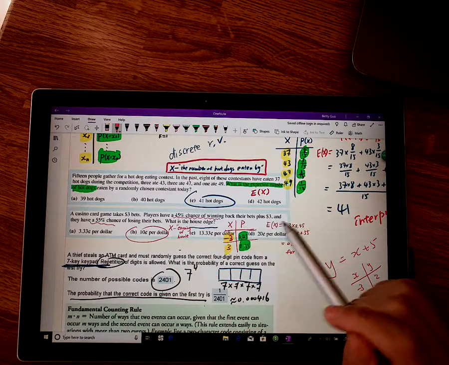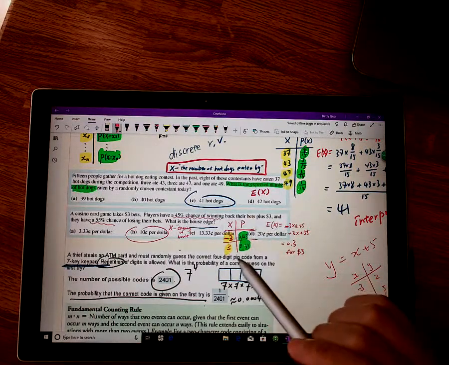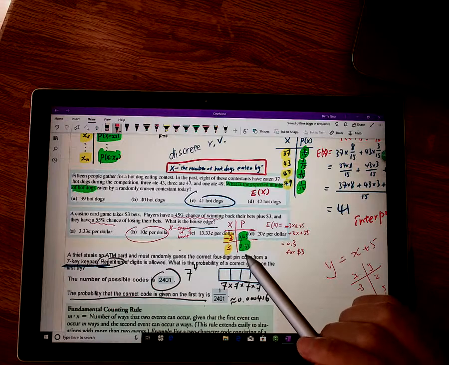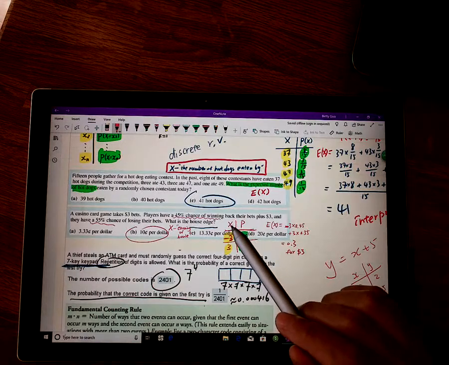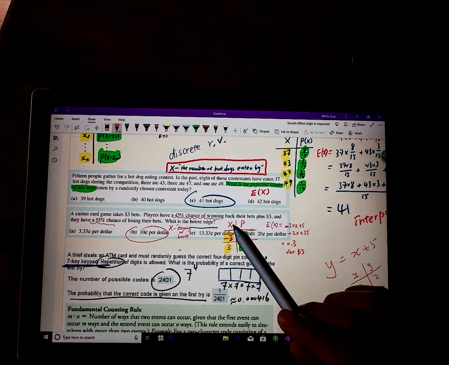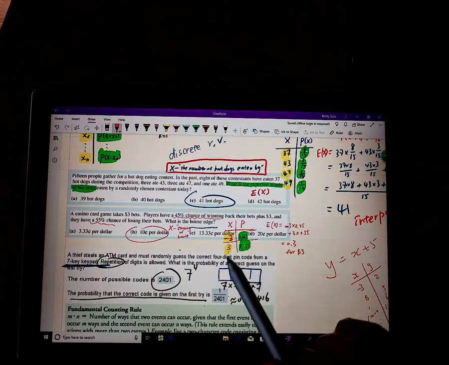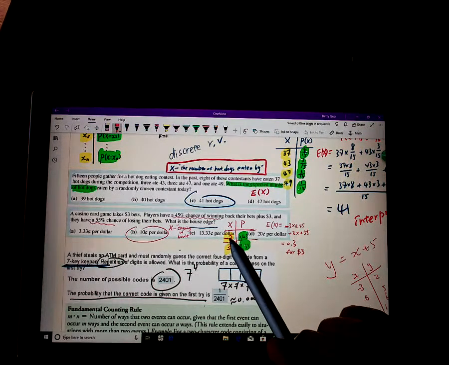Okay, so in order to find the value for E of X, we need to construct the probability distribution first. It is a 2-column table. In column 1, we list all the possible values for x, the possible values for the profit. So what is it? If the player wins, then the casino loses.